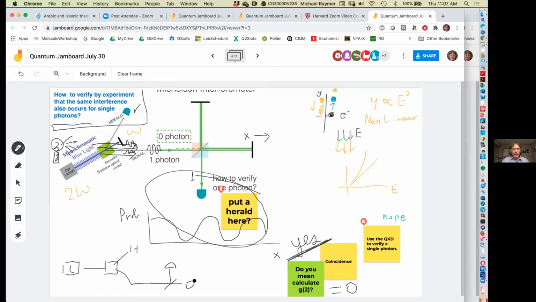And remember we talked about the joint probability for clicking A and B. If that probability is 0, well, if there's only one photon here, then both detectors cannot click. So the joint probability is 0. So if you measure G2 0 or very close to 0, that means that you think that you verified that you have just almost always one photon here.